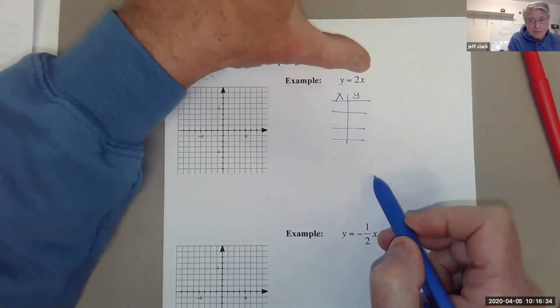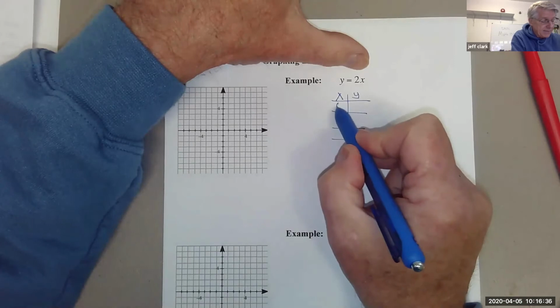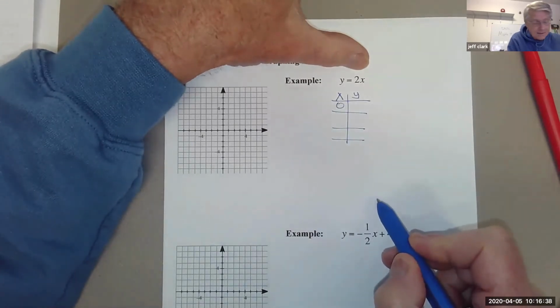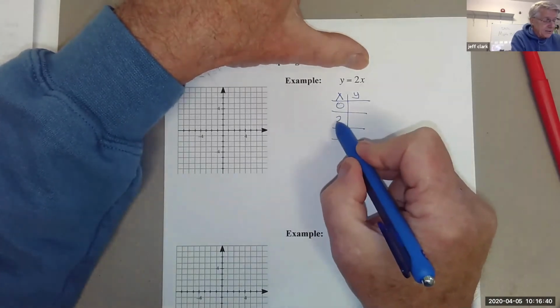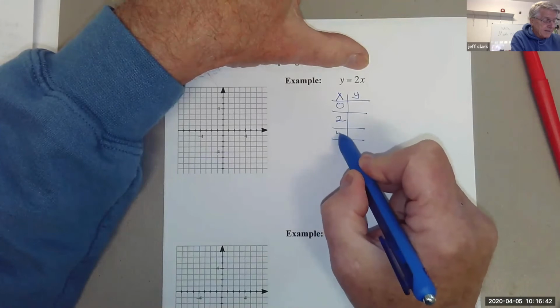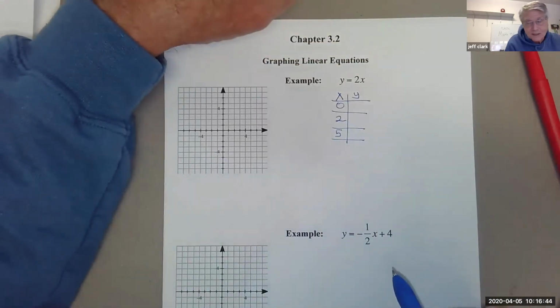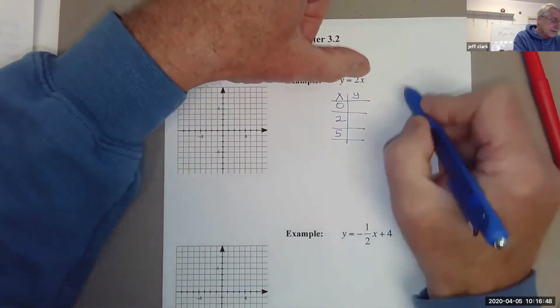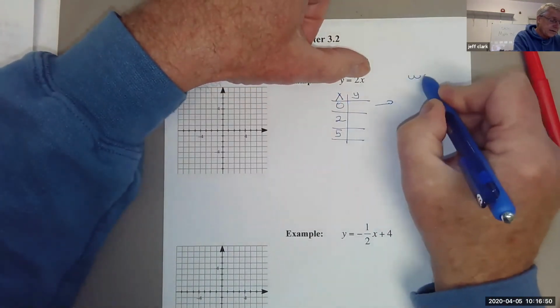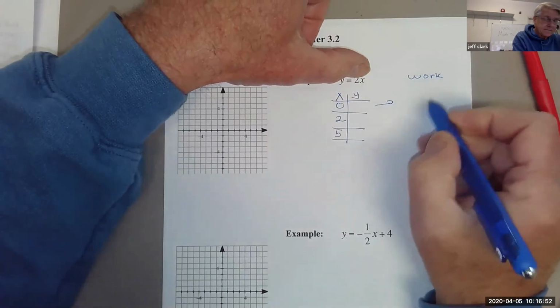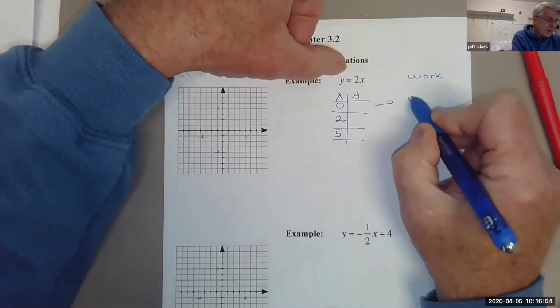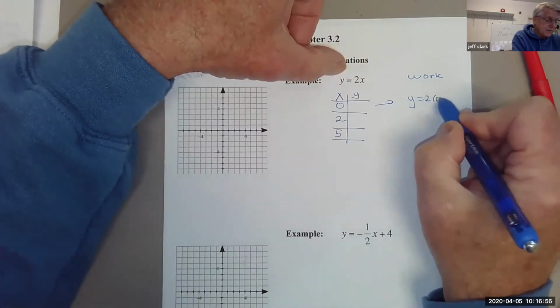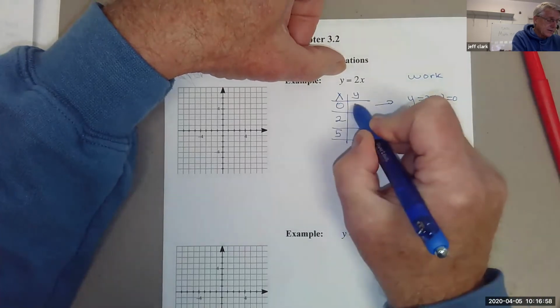Just pick the numbers for X only, like for instance, 0. How about 2? And how about 5 for the heck of it? Just see what happens. Let X be 0. So here's your work. That's Y equals 2 times 0, which is 0.